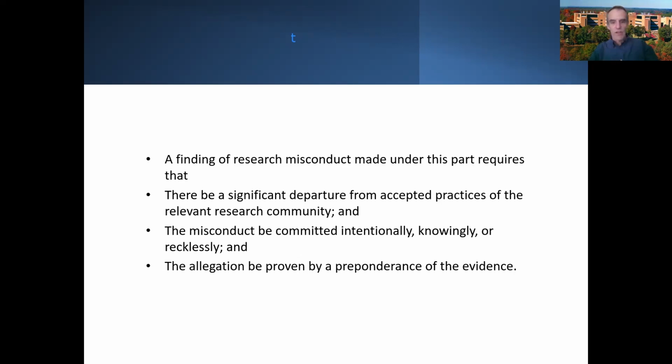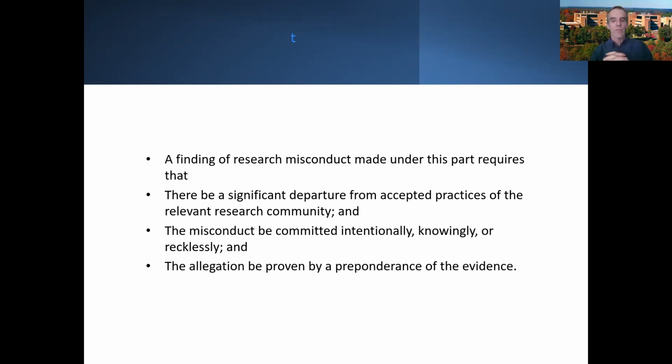And here's just some legal stuff. A finding under this part requires there be a significant departure from accepted practices of the relevant research community. What that means is if you really want to prove something is misconduct, you have to have experts in the field that can tell you what good science is in this field and why these people deviated.